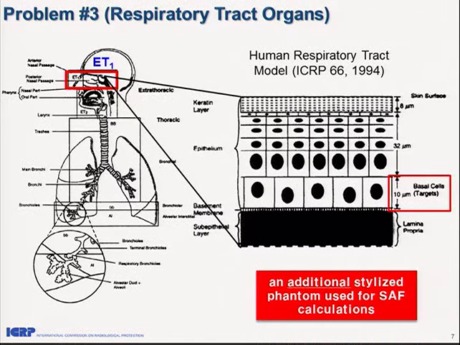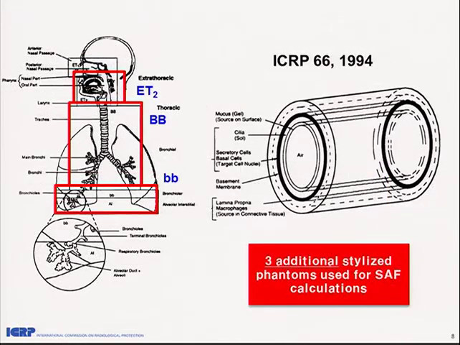This cannot be modeled in the current voxel type ICRP phantoms simply because in the current phantoms, the organs and tissues are defined by voxels. So an additional stylized phantom was used for SF calculations for weakly penetrating radiations.